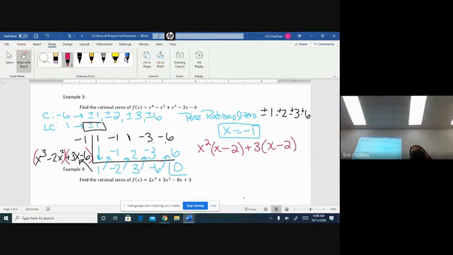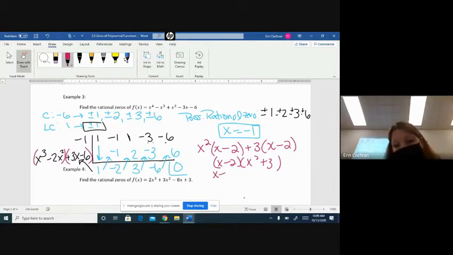X minus 2, right? So isn't this x minus 2 times x squared plus 3? Is that correct? I don't know why I put a 3 there. X minus 2 times x squared plus 3. Is that factored? So now, could you set each part of those equal to 0 and solve? Yeah.